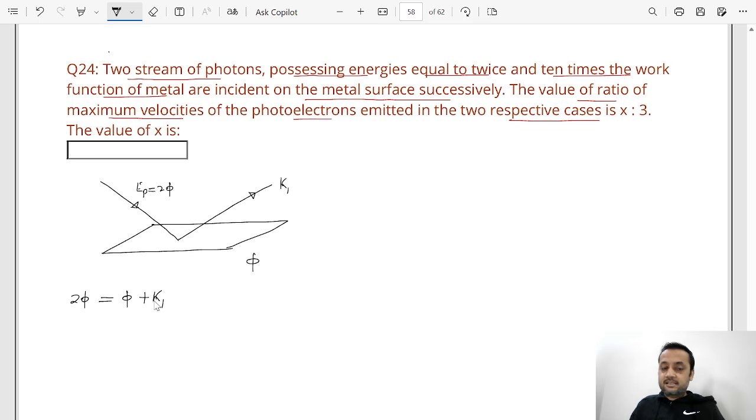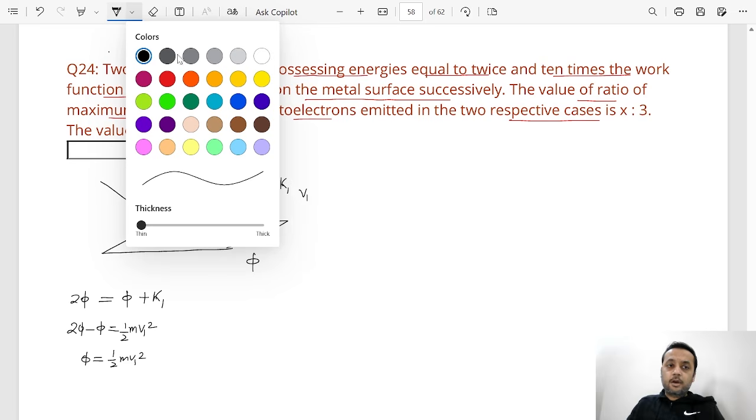Correct, this is Einstein's equation. Now let us say the maximum speed is v1. So 2 phi minus phi becomes half into mass of electron into v1 square, which means phi will be half m v1 square. Correct. Now what happens?